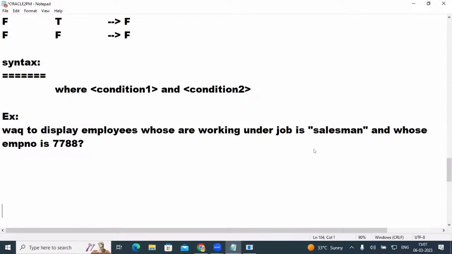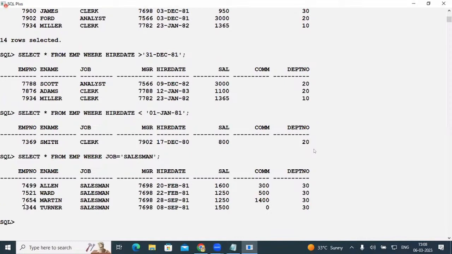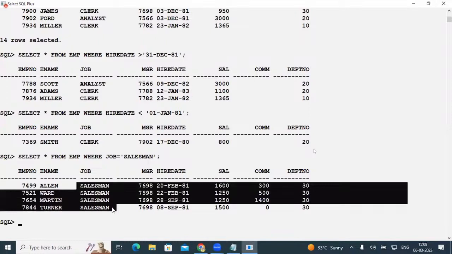Now let's see how this works. For example, with one condition basis, if I go with job is equal to salesman, what comes? All the salesmen come to me.